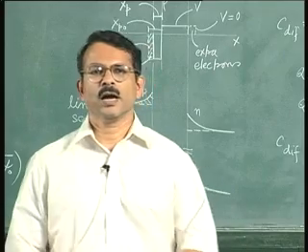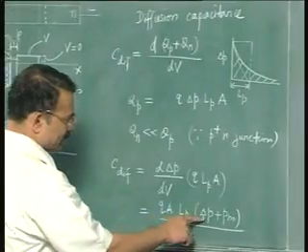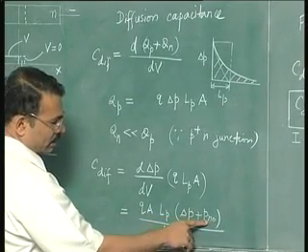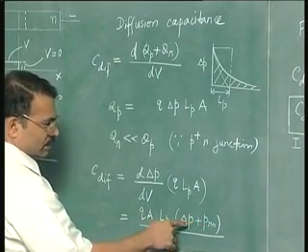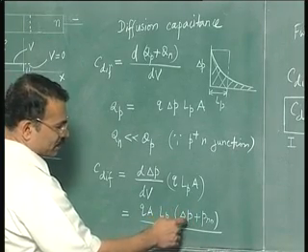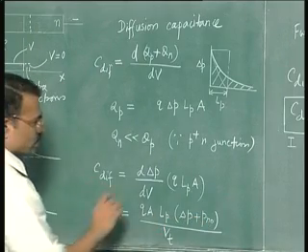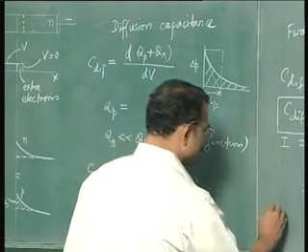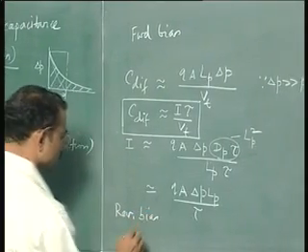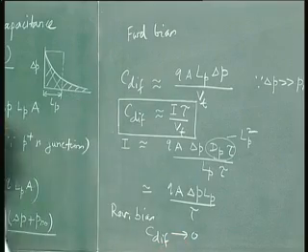Now what happens under the reverse bias? In reverse bias, this excess carrier concentration delta P is negative of Pn0 because you have depletion of carriers in the neutral regions. So delta P is minus of Pn0, so these two terms cancel, and your diffusion capacitance goes to 0.